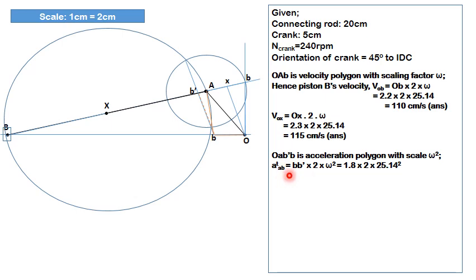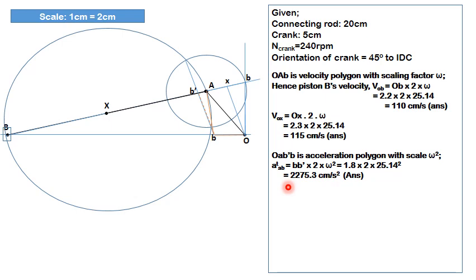The tangential acceleration of connecting rod AB is given as BB', the length of this link, multiplied by 2, the scaling factor which I have used, multiplied by omega square. So 1.8 into 2 into omega square, that is 25.14 square. This gives you the tangential acceleration, and it is coming as 2275.3 centimeter per second square.